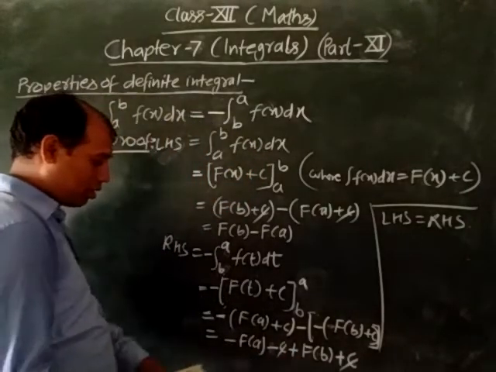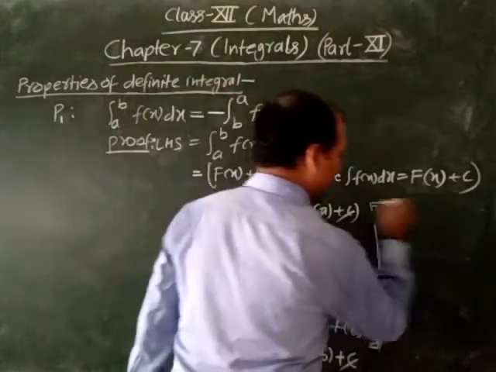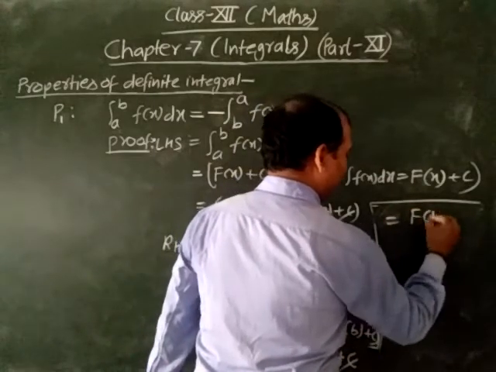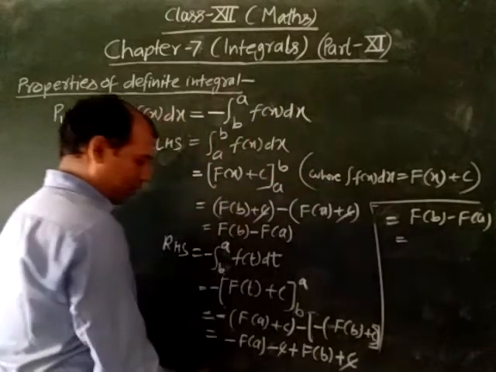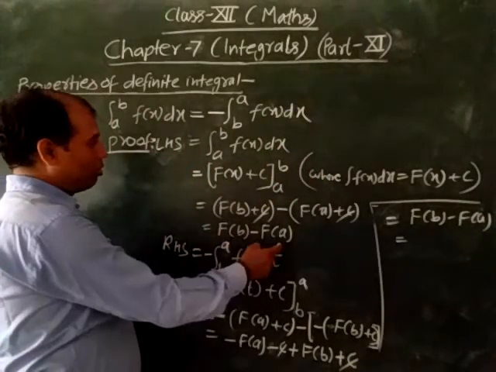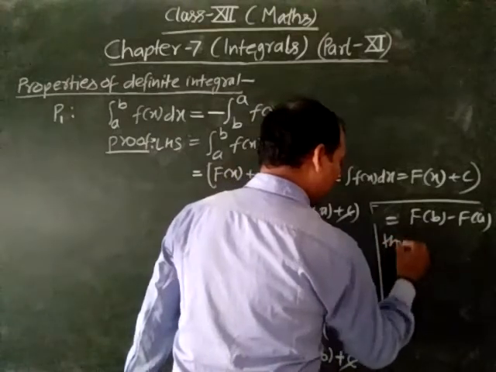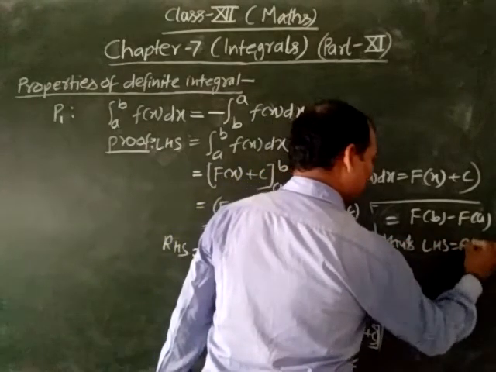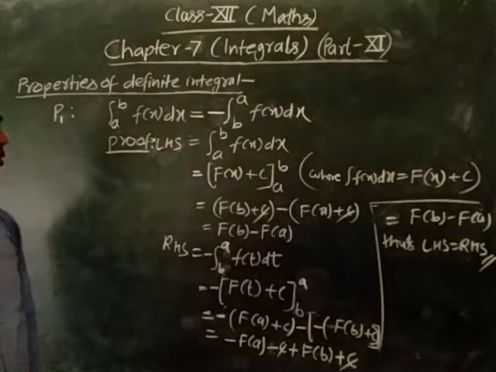This is equal to F(b) minus F(a), which is equal to our LHS. Thus LHS equal to RHS. This is the proof of this property.